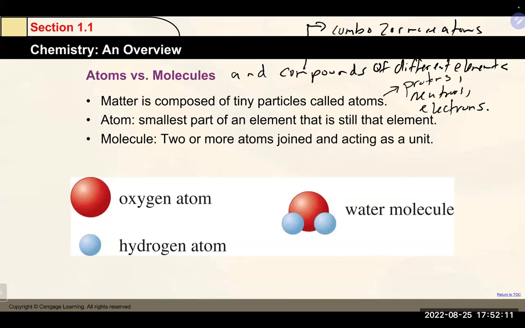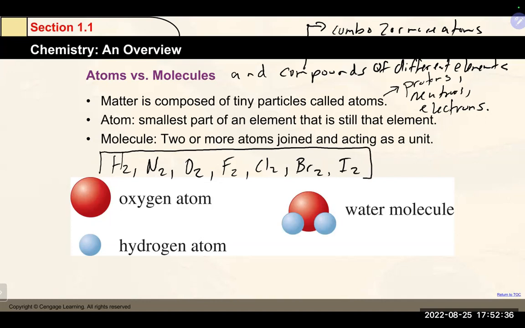Now, some elements do come as molecules. There are a certain number of elements that in their uncombined form are actually molecules. And you should be aware of these: H2, N2, O2, F2, Cl2, Br2, and I2. All of these basically come as twos.